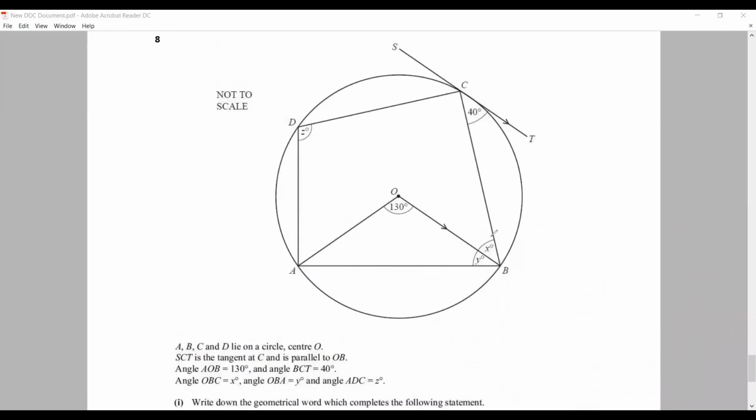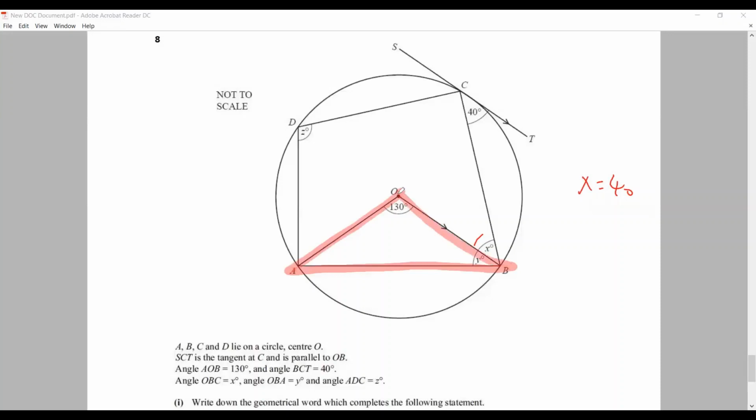Okay, I can find X immediately. Just look at these two parallel lines and the line which cuts it. So therefore, according to alternate angles, X should be 40. These two angles are equal. So X is 40. And then look at Y, look at this triangle.